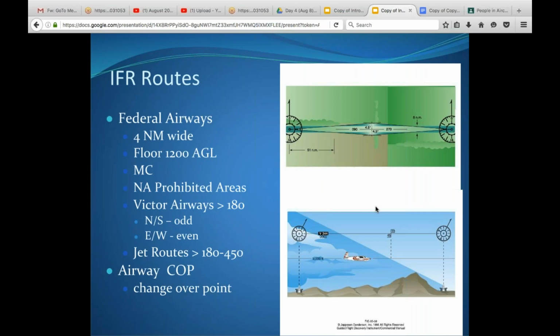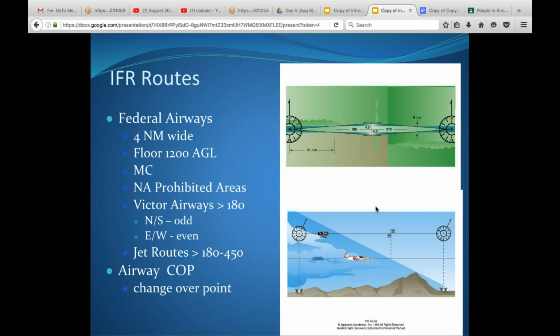But remember that this VHF navigation that we use nowadays was started back in like the 40s, when we were first starting to use VHF radio navigation. And it took a long time for them to implement that across the board. In fact, it took World War II to start the implementation process for that.